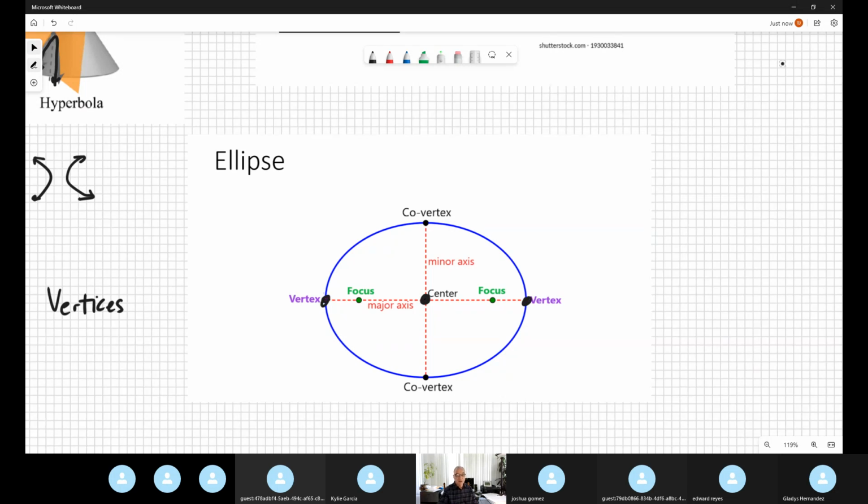The vertex is located in the same line of the major axis. Major axis, you know, ellipse is like that. This is the center. We have major axis here, and we have minor axis here. Okay, so now the vertex is located in the same segment of the major axis.